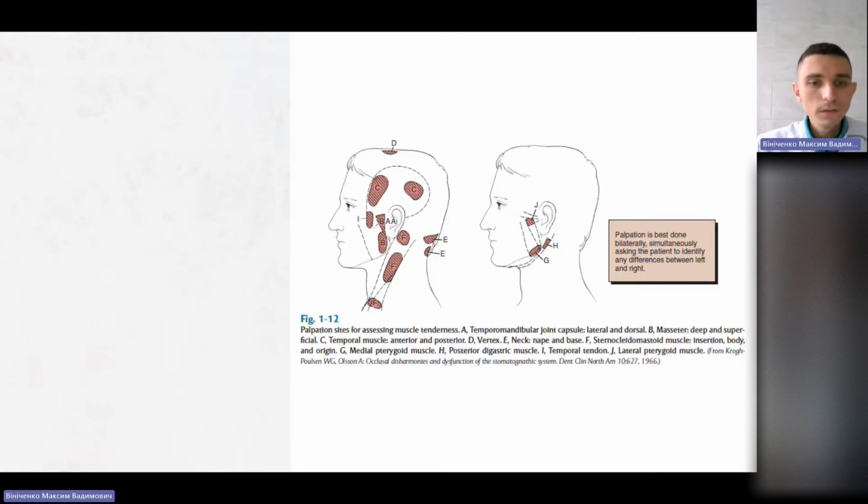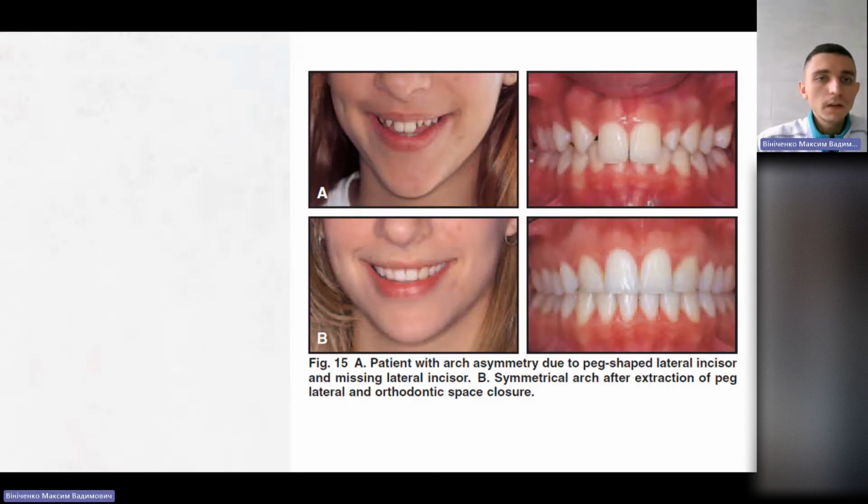So okay, it was the part of our last presentation, these 8 components. But today we need to talk about the impression materials.